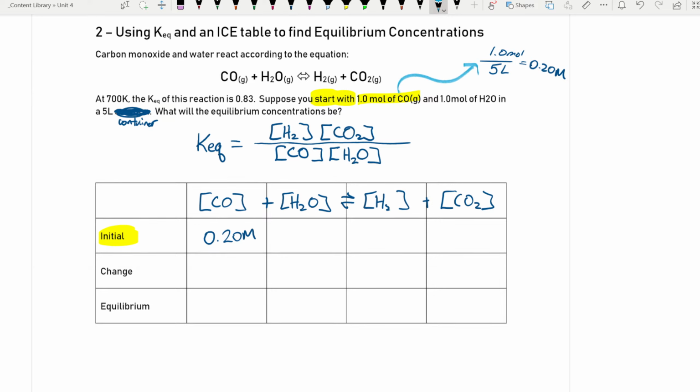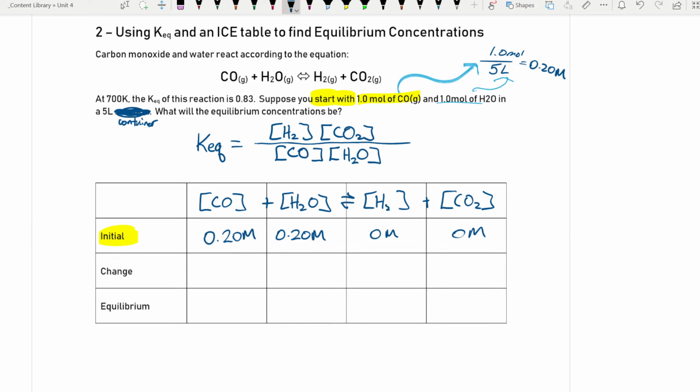And the nice thing is the next one is actually the exact same calculation. So how much water do we have? 0.20 moles per liter. All right. And we're going to assume when we begin that we have no products.